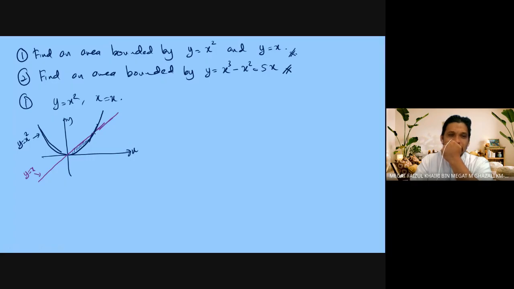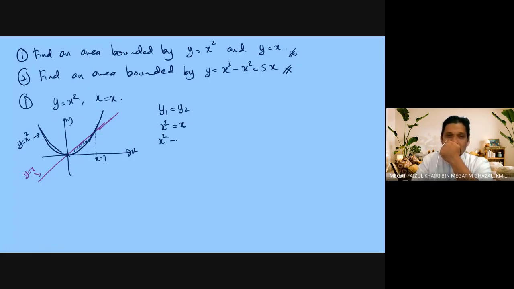But before that, we need to find the limits. First, we can see clearly the intersection point between these two graphs at x equal to 0, y equal to 0 at the origin. But what about the other one? The coordinate of the intersection point is shared by both functions. So y1 equals y2, x squared equals x.